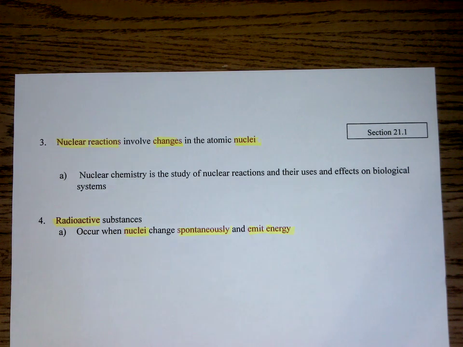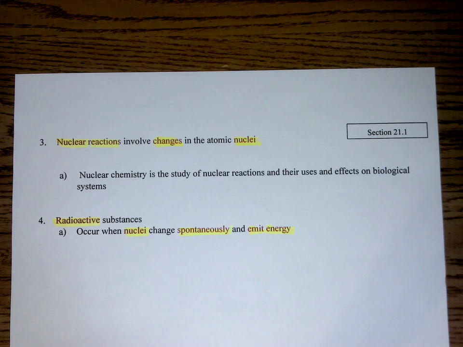Now, radioactive substances. It's actually kind of a generic term when we look at it from a chemistry standpoint, but something that is radioactive is just going to have the nuclei spontaneously emit energy. And almost all isotopes of any element are going to emit some energy.